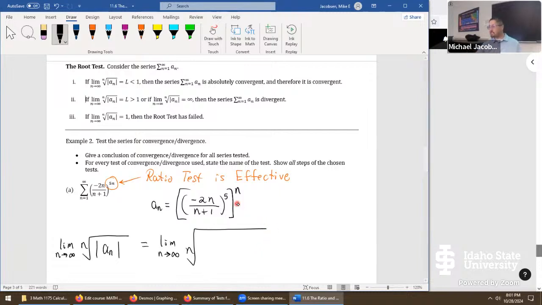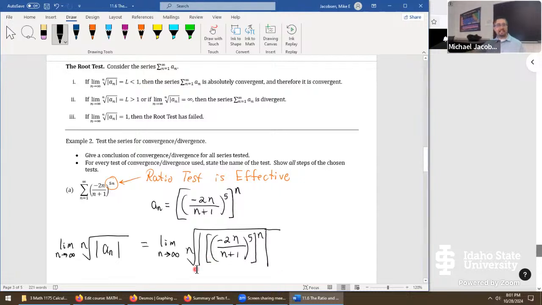For a_n, we're plugging this in, but we're also taking the absolute value of it. So it's going to be, let's see, how should we write this? Absolute value of -2n over n+1 to the 5th power, raised to the nth power, close absolute value bars.